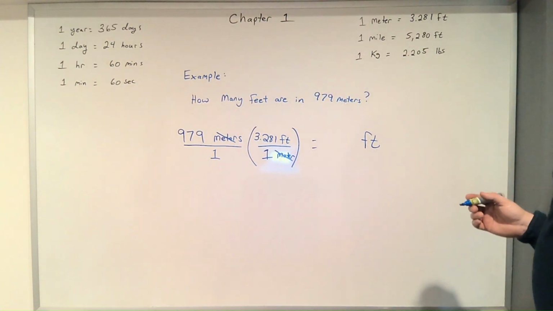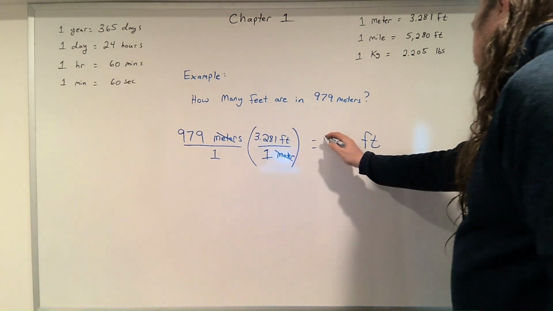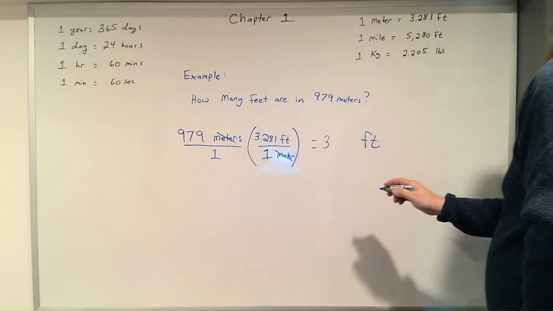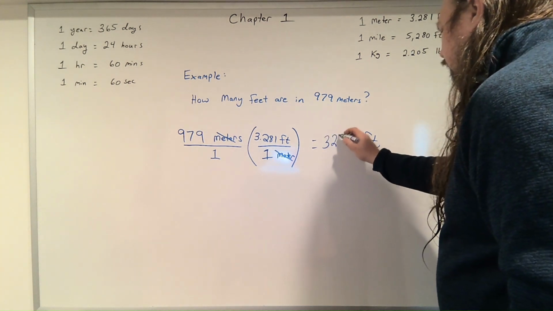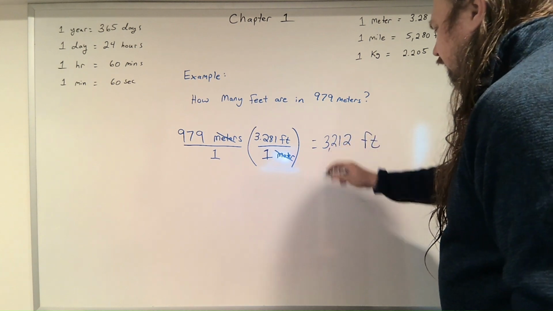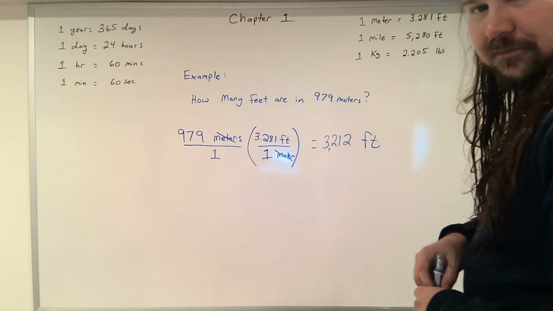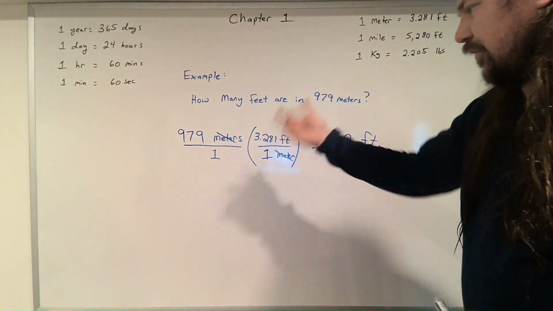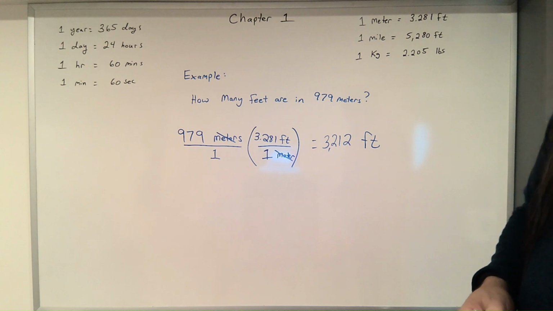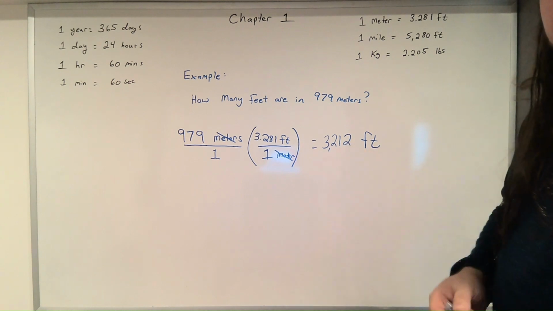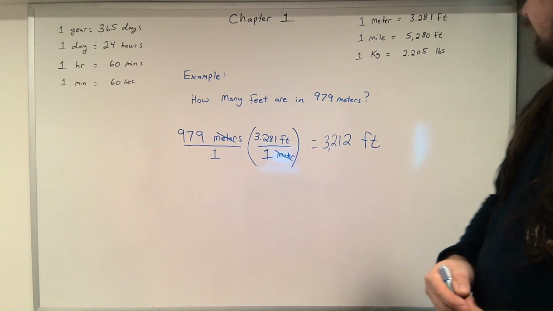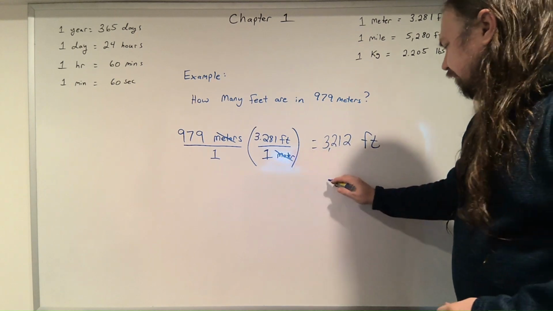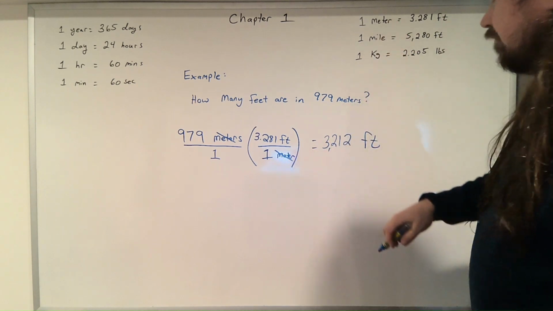And what that'll do here is it gives me feet. Now I'm going to do a little rounding here, but around 3,212 feet. And then of course this could be divided by 1, but anything divided by 1 is just itself. 3,212 feet.